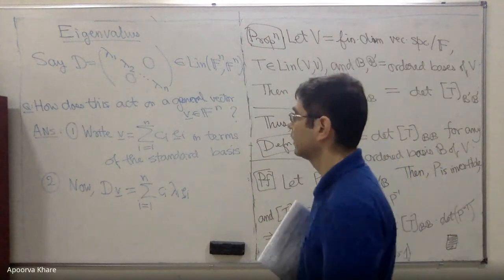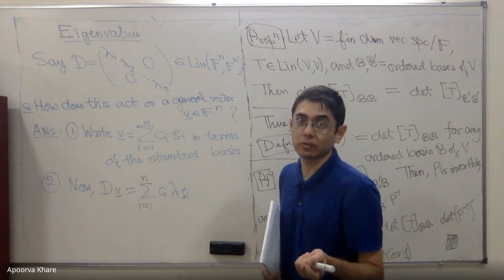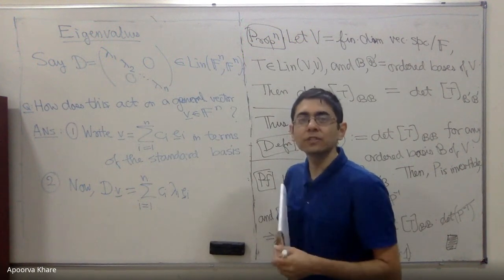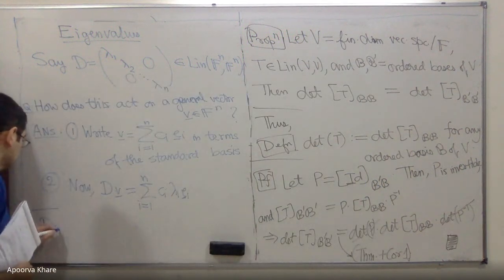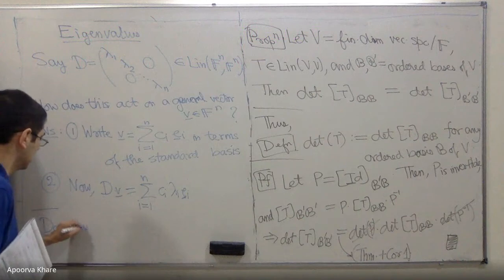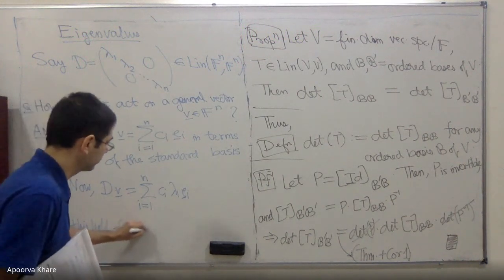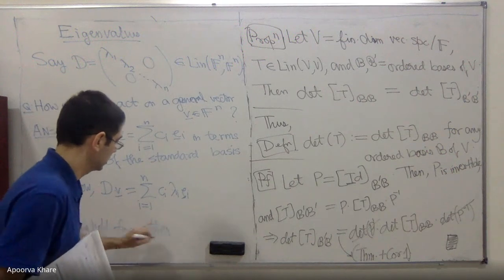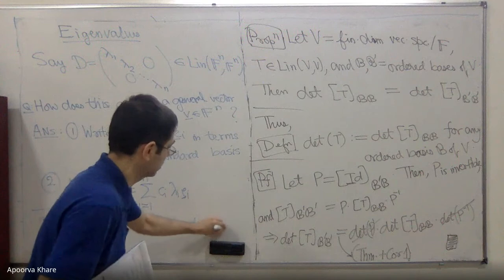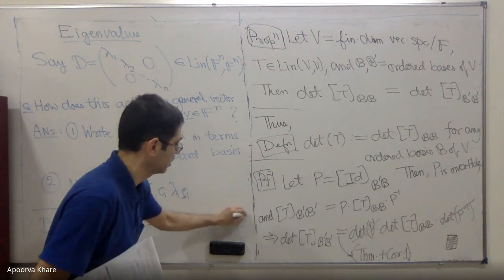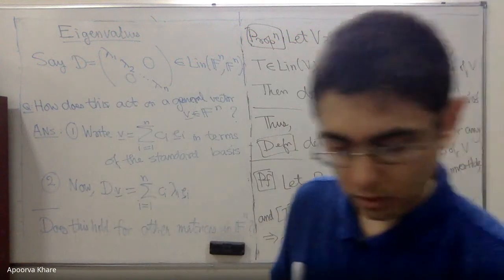Very simple. So this is true for a very special kind of matrices, diagonal matrices. Can we say something like this for other matrices? Does this hold for other matrices in F^(n cross n)?